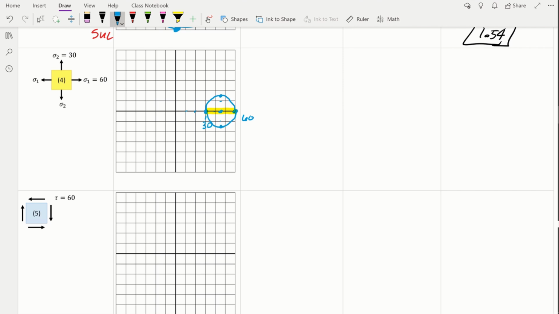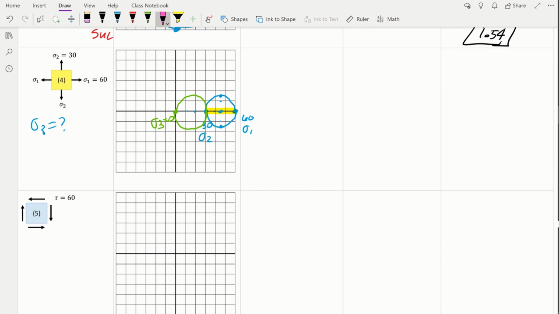Again, this was for sigma 1. This was for sigma 2. Where is sigma 3? Well, sigma 3, if there's no mention, we assume as 0. So that means over here we have sigma 3 equal to 0. What that means for us is, hey, we can make a circle between sigma 2 and sigma 3. So something like this. It's actually the same size as that blue circle.